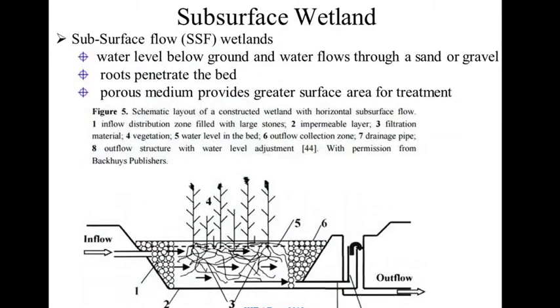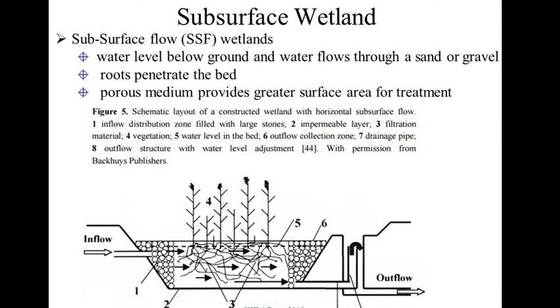Then the subsurface wetland. Subsurface flow, subsurface wetland plant. That is, the water level is below ground and water flows through sand or gravel. Roots penetrate the bed. The porous medium provides a greater surface area for treatment. Okay, you can see first the inflow, which is the distribution zone filled with larger stone.